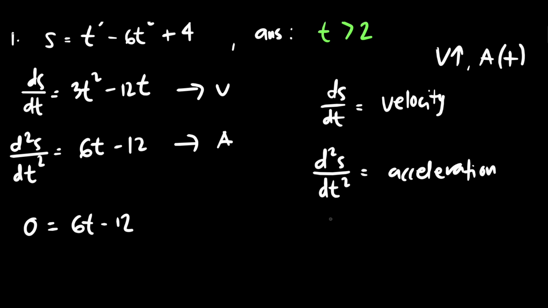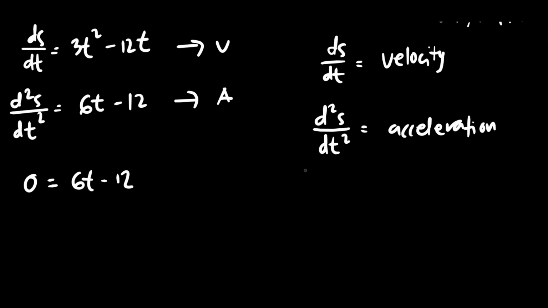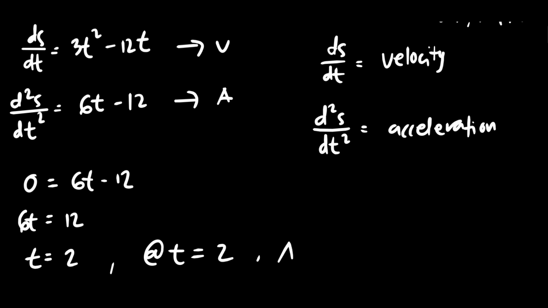To know what value of t goes from 0 to positive. So we have to simplify this one. We have 6t is equal to 12, so t is equal to 2. So at t equals 2, time is equal to 2 seconds, the acceleration is equal to 0.